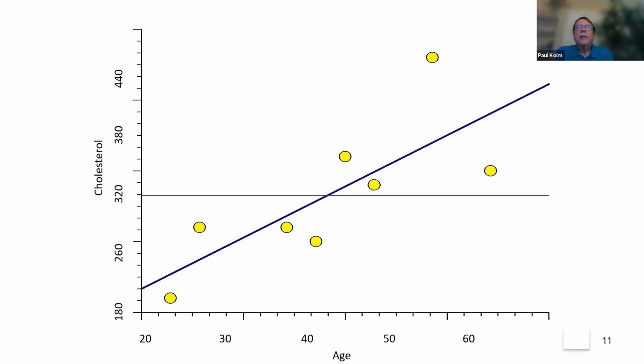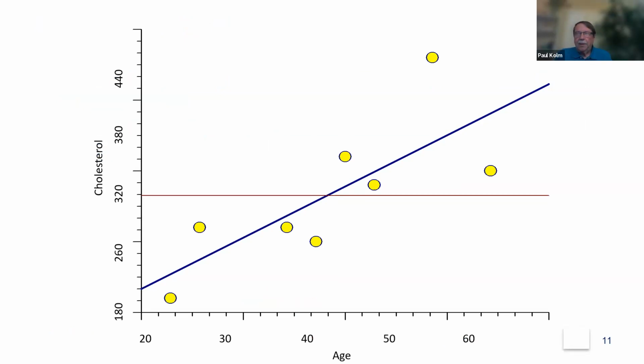So I want to illustrate what we mean when we're talking about linear regression. And so I have here some points that are represented by the yellow circles for each individual, their age and their cholesterol value.